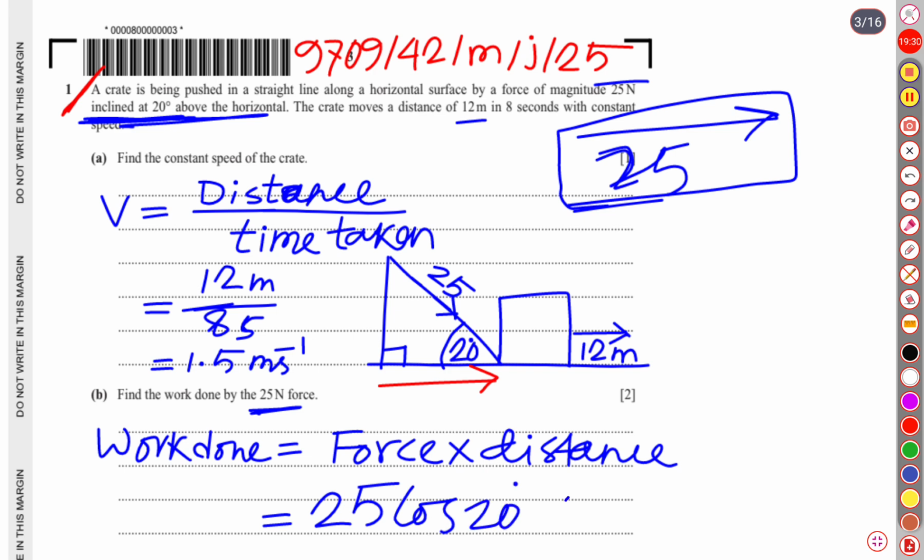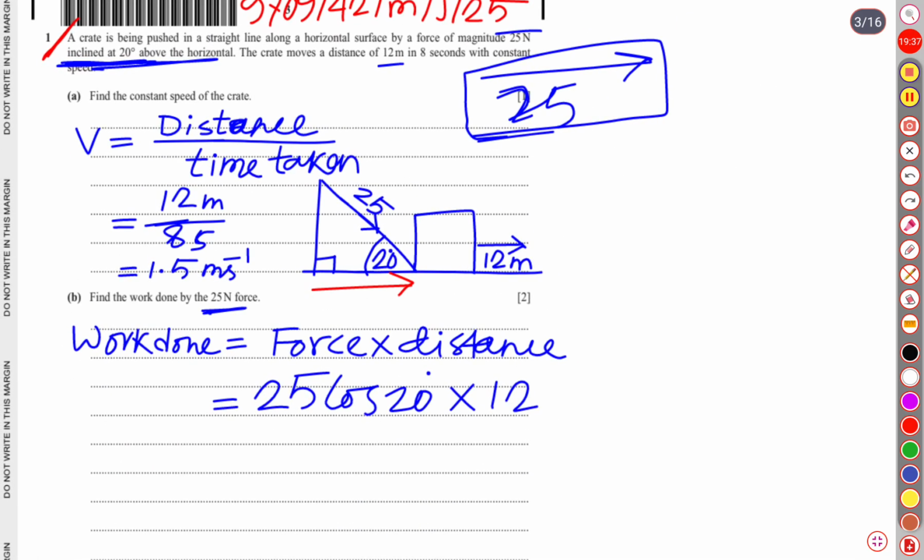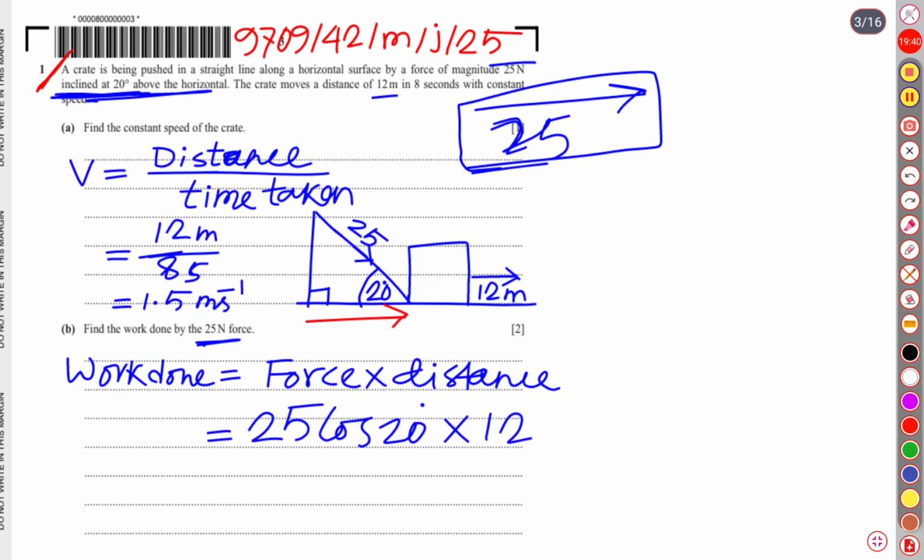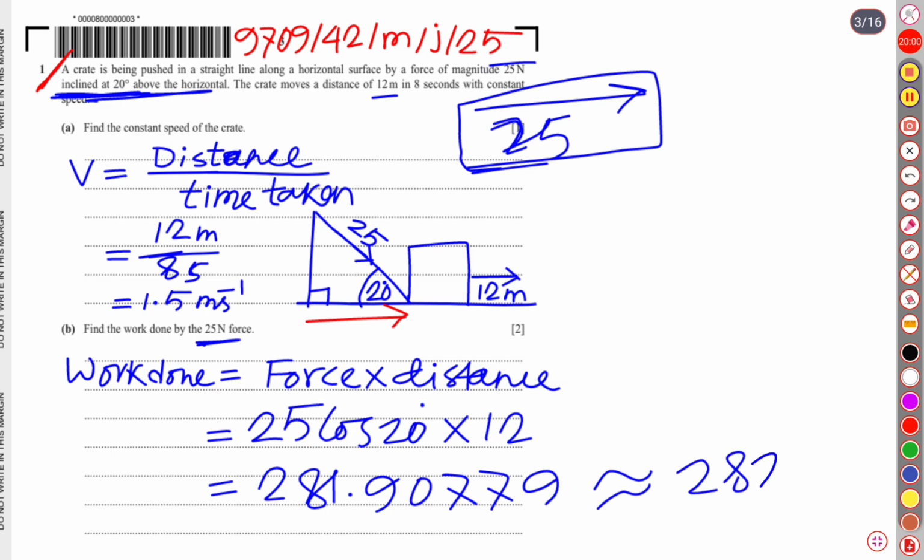I think you got my point. Into distance, which is 12 meter. So finally, the work done by the force is 25 cos 20 into 12, which is 281.90779. If we round it up to three significant figures, it is 282 joule. 282 joule is the work done by this force.